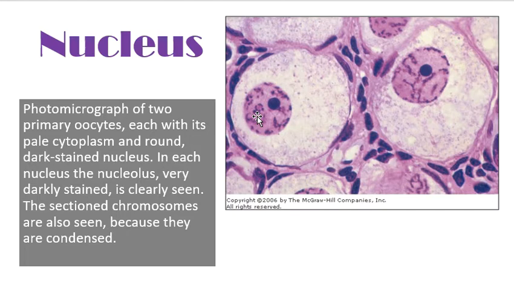So, the main function of the nucleus is to govern cell activities and to carry genetic information to pass to the next generation. This is why we call the nucleus the brain of the cell. And the nucleus is a key feature that distinguishes eukaryotic cells from prokaryotic cells, because prokaryotic cells do not have a membrane bound nuclear structure as we see in eukaryotes.